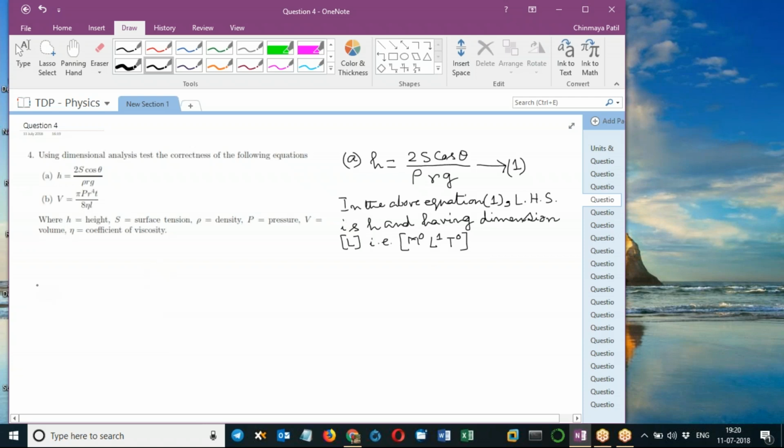In the right hand side, what is the first one? S is the surface tension. Let me write it down.